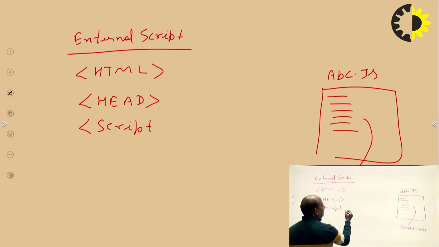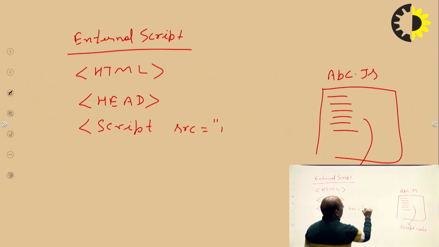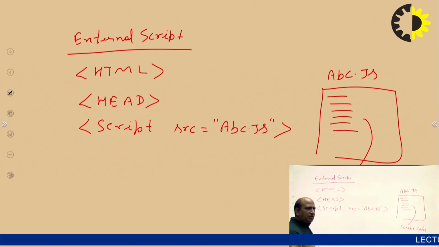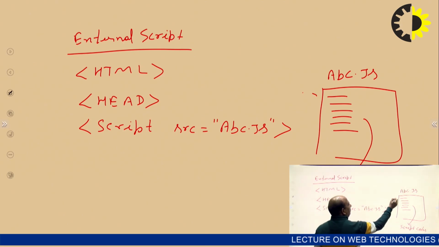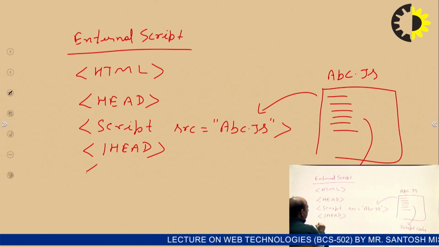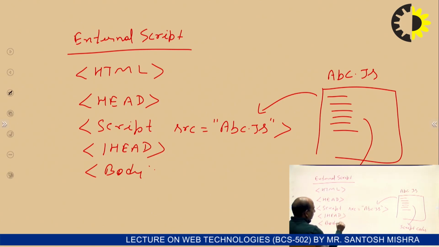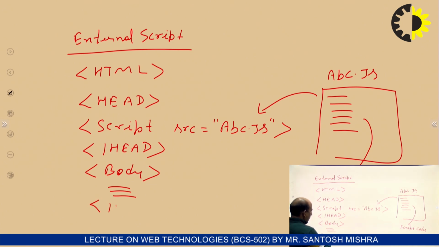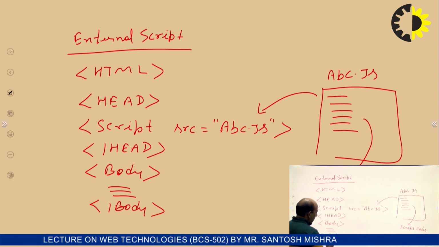Here there is the attribute src where you can specify your file with absolute path where you have created your validation code, your script code. So this way this external file will be linked to your current HTML file. Then close this head section, then use body code as required, then close your body tag and HTML tag.